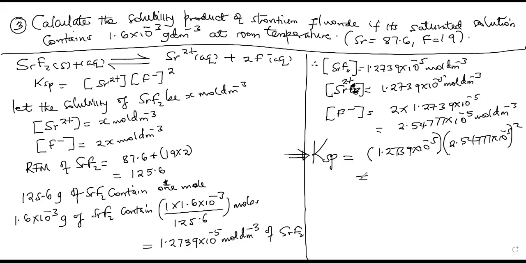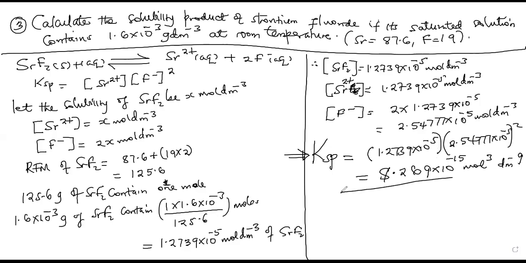And this is going to give me 8.269 times 10 to the power negative 15 mole cubed decimeter power negative 9.